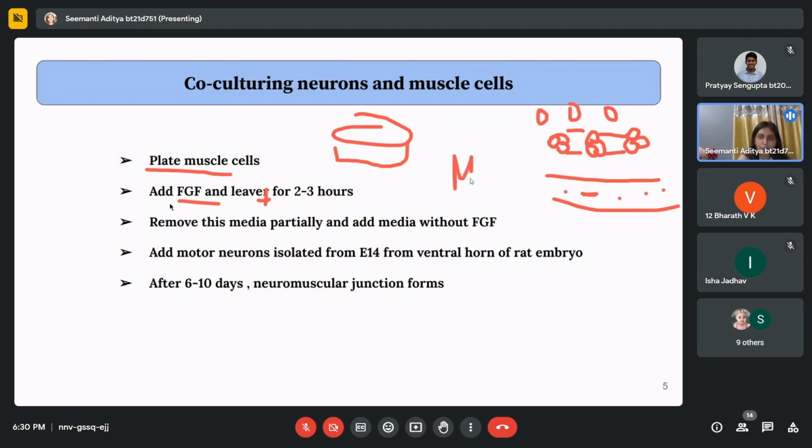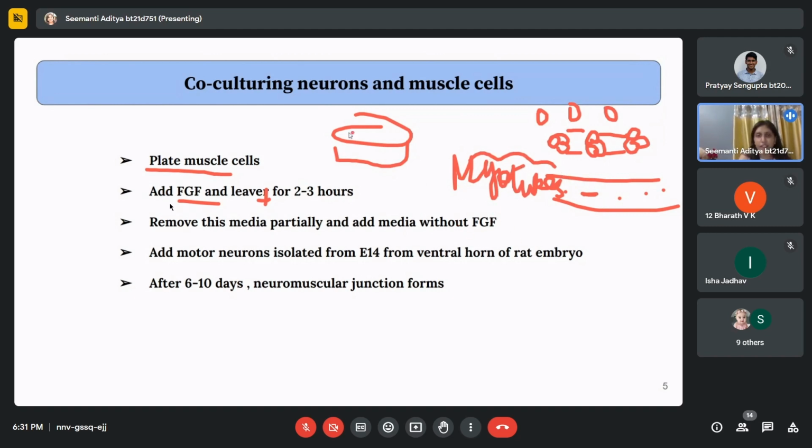Once they are forming myotubes, the muscles are bound to show the activity of myotubes. It should contract. Then we have to remove the media which contains FGF. We have to remove the media partially, so as to not dry the cells completely, and the media should be only covering the top part of the cells.